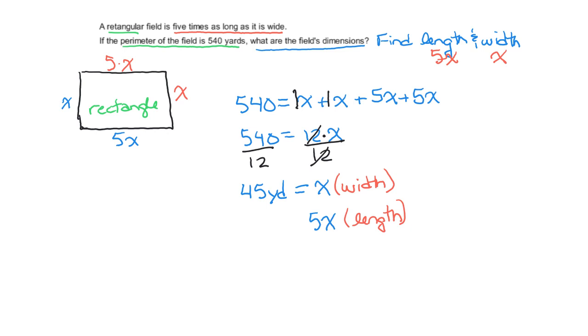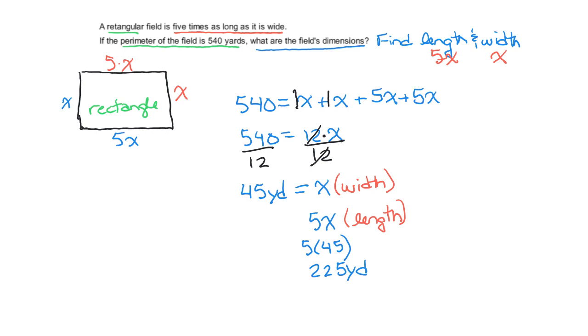Since we now know that x is 45, we're going to take 5 times 45, which gives us 225 yards. And that is equal to our length.